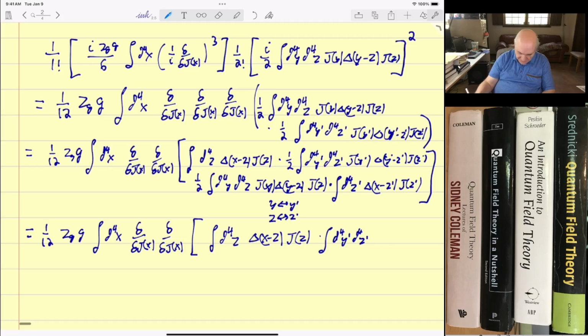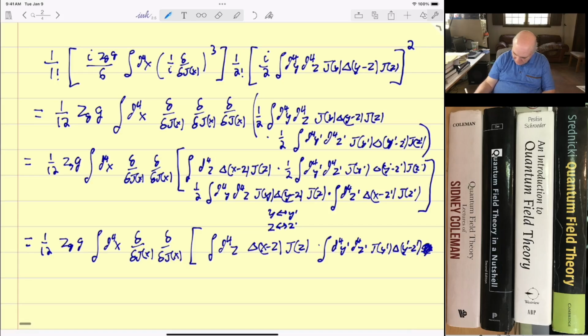You've got to keep the variables in the different integrals as different. j(y prime) Feynman propagator Δ(y prime minus z prime) j(z prime). Okay.